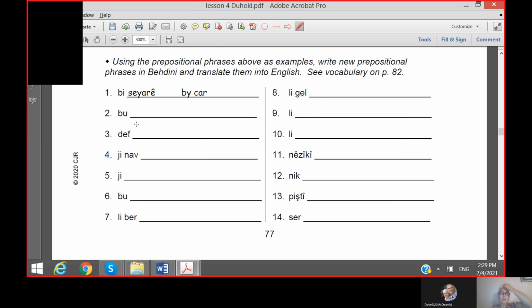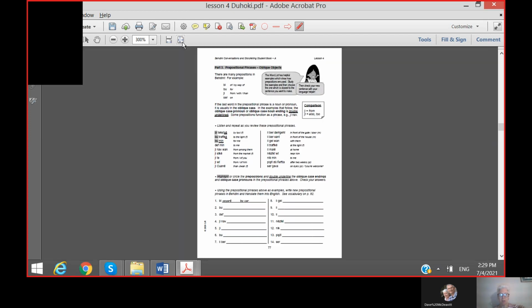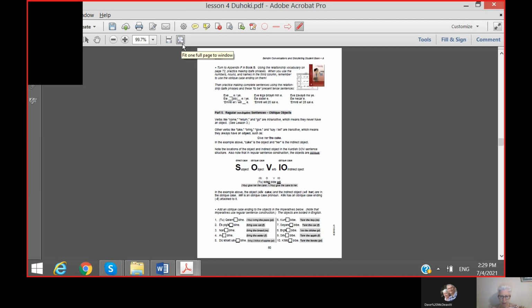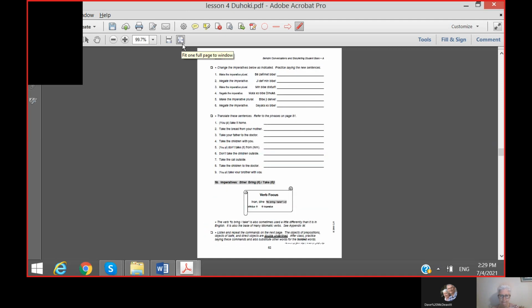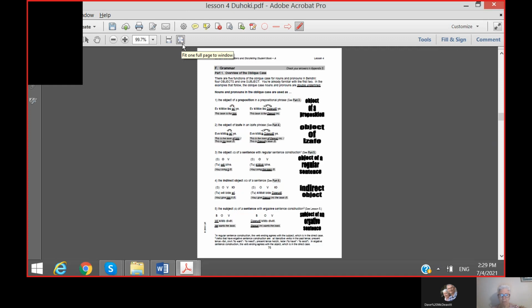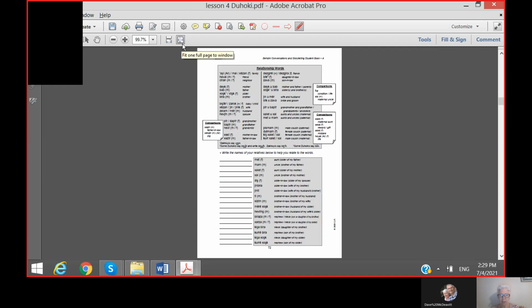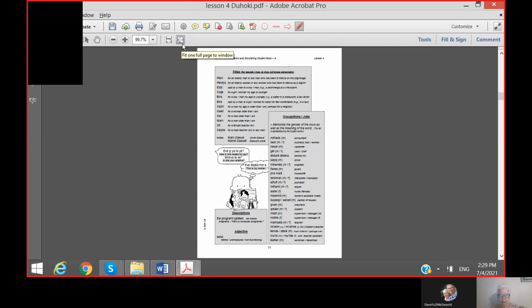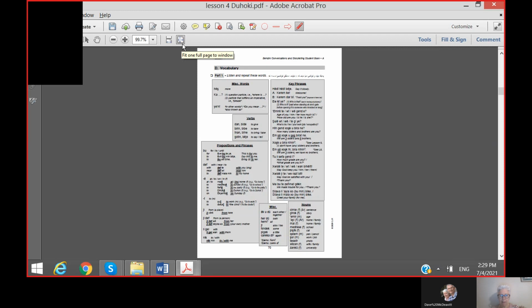Now that you've done that, using the prepositional phrases above as examples, write new prepositional phrases in Behdini and translate them into English. See vocabulary on page 82. Let's see if I have that correct. Let's go to 82. That's not what I meant to say. So the vocabulary is on page 70.